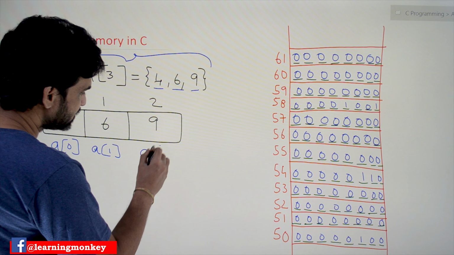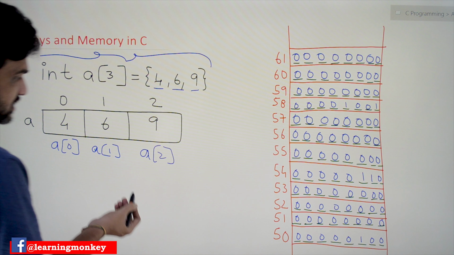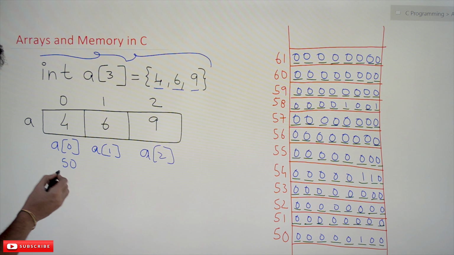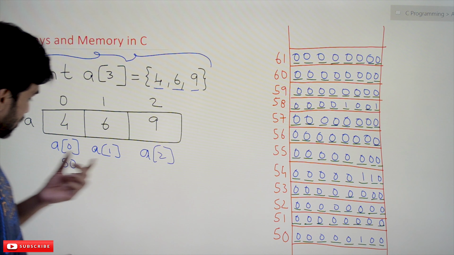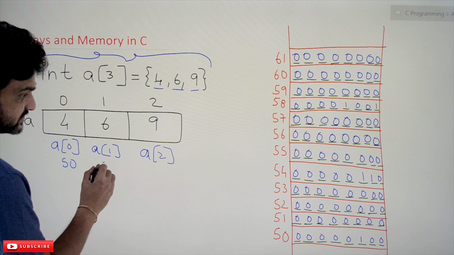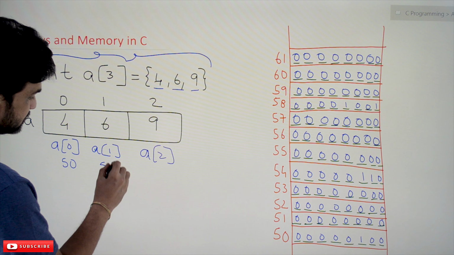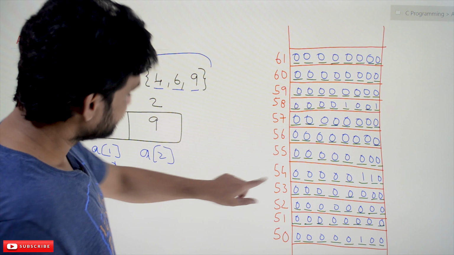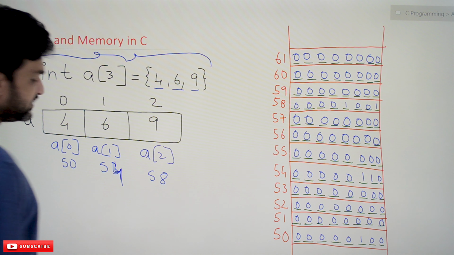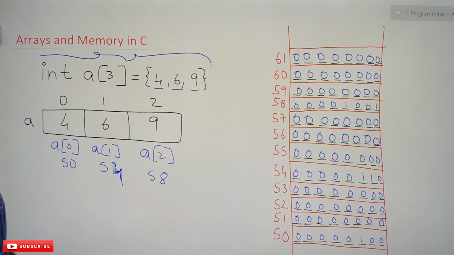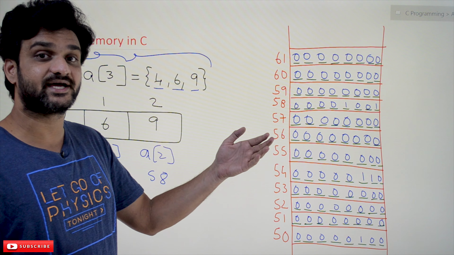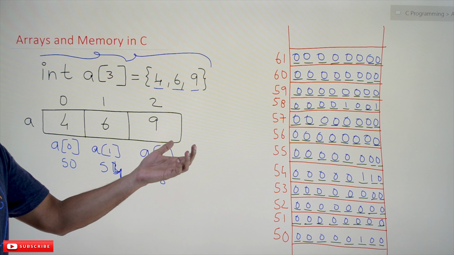Assume that the first byte memory address of the location of a[0] is 50, for the next one it is 54, and for this it is 58. So this is how the compiler has allocated memory for the elements of the array.